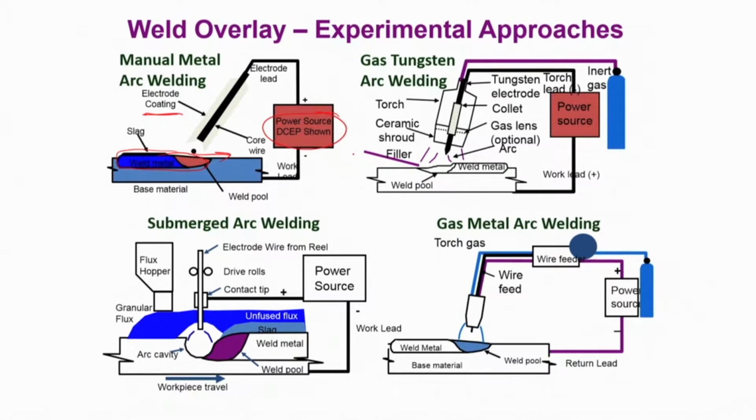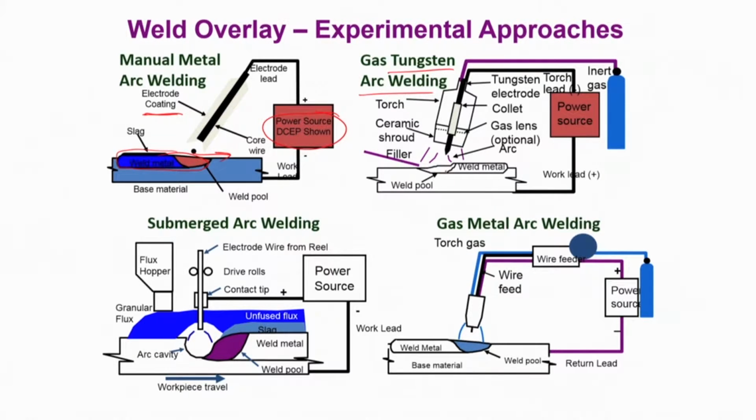Here the electrode also gets consumed in the process to some extent. On the other hand, if you use a tungsten arc welding process, the tungsten wire is a non-consumable electrode. Essentially it is the same process, the same kind of configuration. The difference is that you create a much higher energy arc.